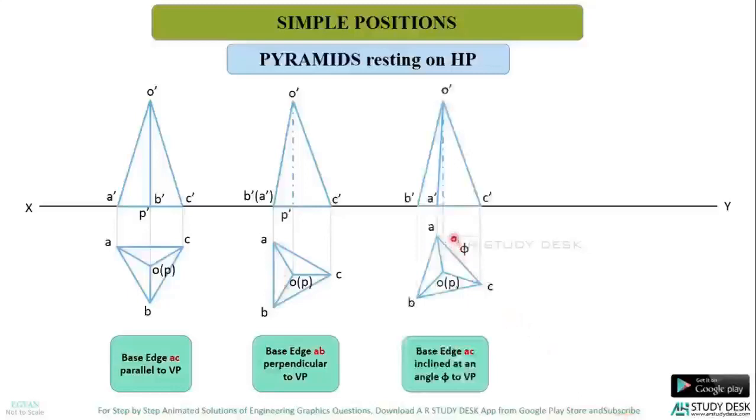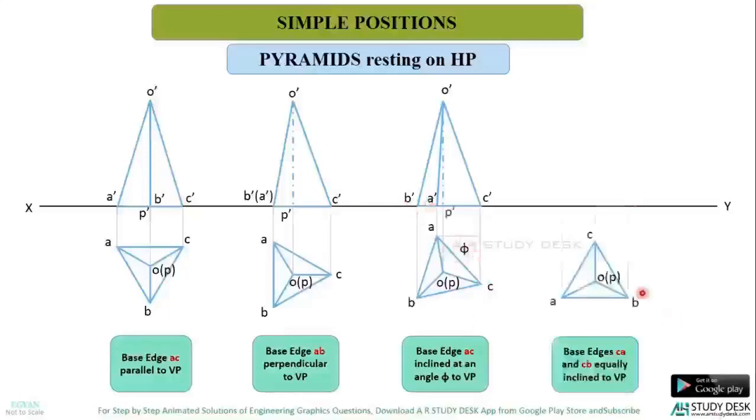Here the base edge AC is making an angle phi with VP. Here the base edges CA and CB are making equal inclinations with VP. Hope this is clear.